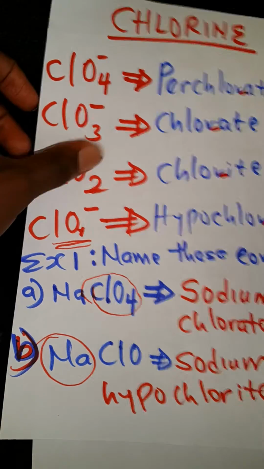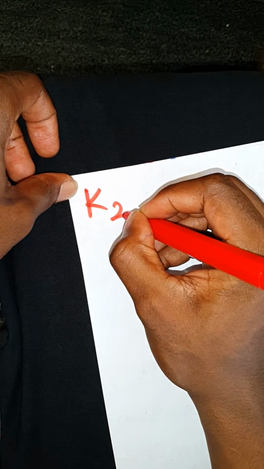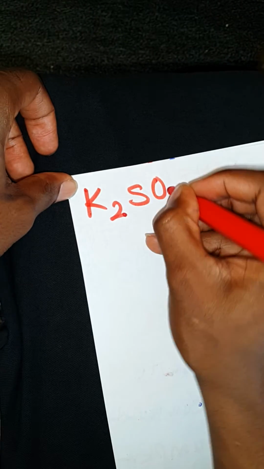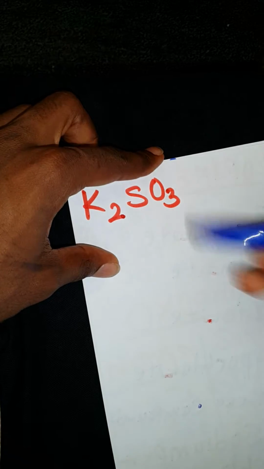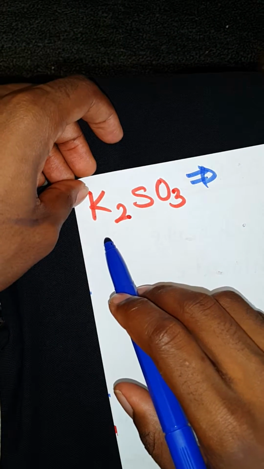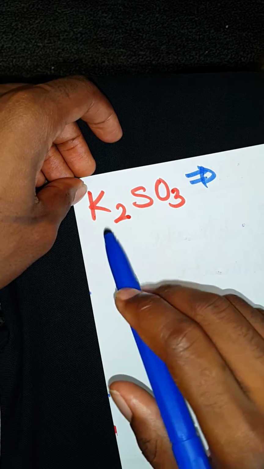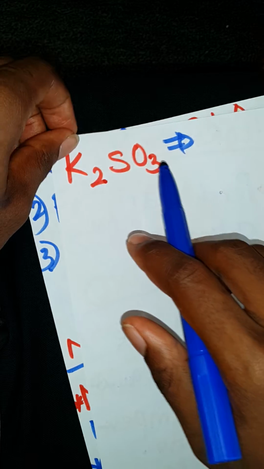So we have another example here. We have K2SO3. How do you name this? This K is potassium from the table, and this is SO3.